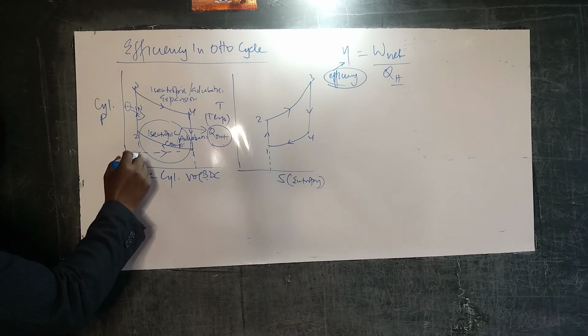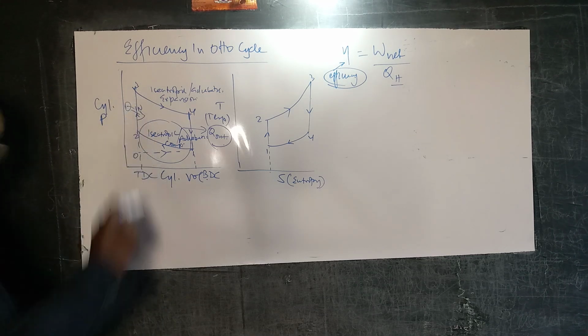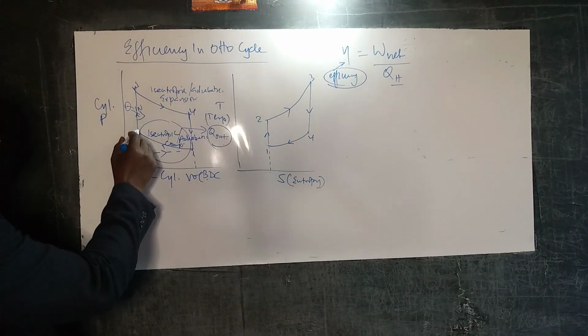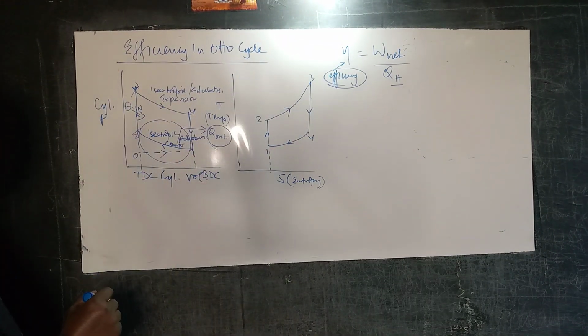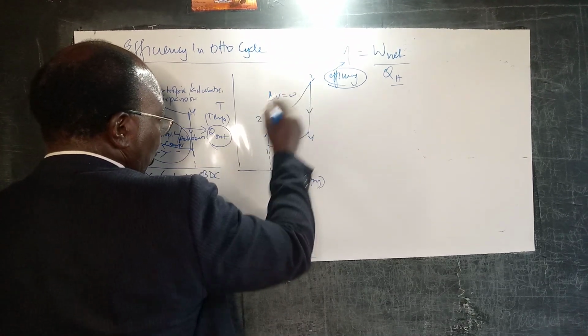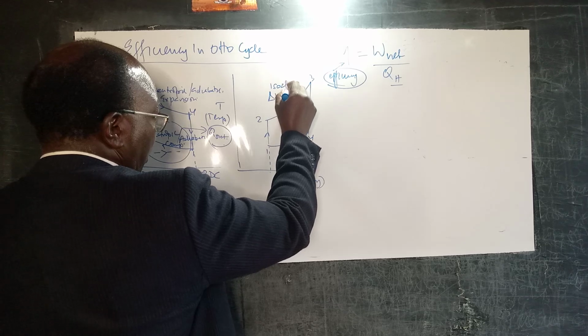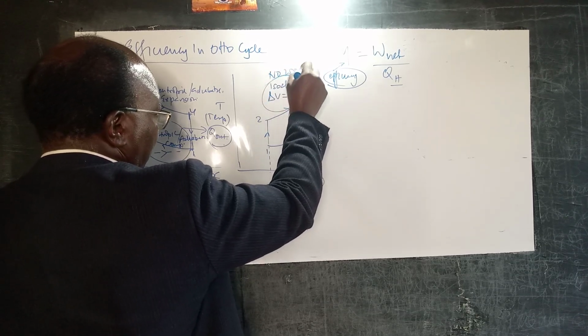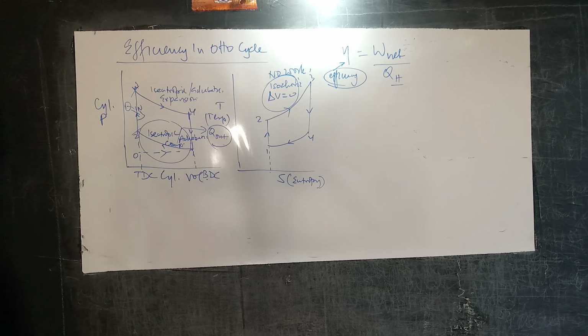Pay attention, in step 2 to 3, if you look at that step, 2 to 3 is isochoric. Delta V is equal to 0. And if it is isochoric, there's no work. No work done, because delta V is 0.